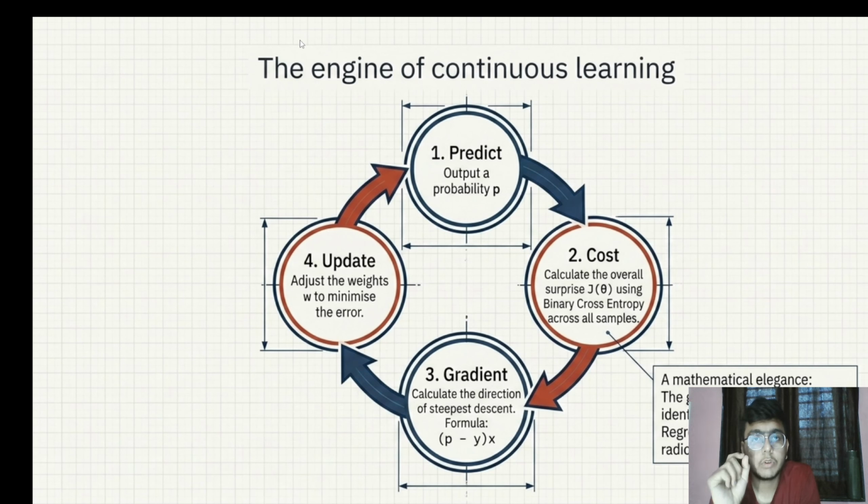Another benefit of using the log loss function is that when you differentiate, your gradient looks like p minus y into x. So first you predict, compute the cost function and gradient, update w and b, then predict, compute the cost function and gradient, and update w and b again. This cycle runs until you get the minimum value of the cost function, or the best values of w and b.